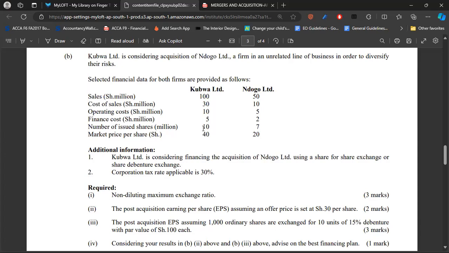Kuba Limited is considering acquisition of Dogo Limited, a firm in an unrelated line of business in order to diversify their risk. Selected financial data for both firms are provided as below.